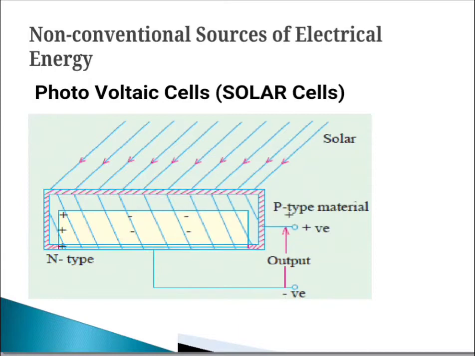The upper surface of the cell is made up of a thin layer of p-type material so that light can easily enter the material, and metal rings are placed around the p-type and n-type material, which act as the positive and negative output terminals respectively.